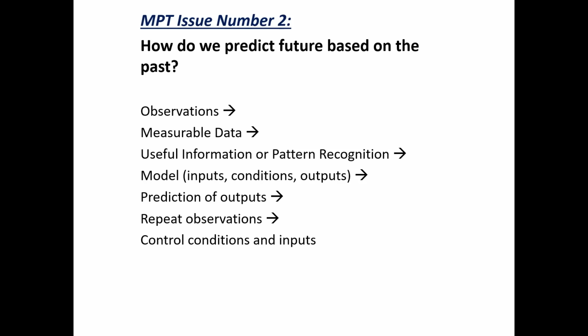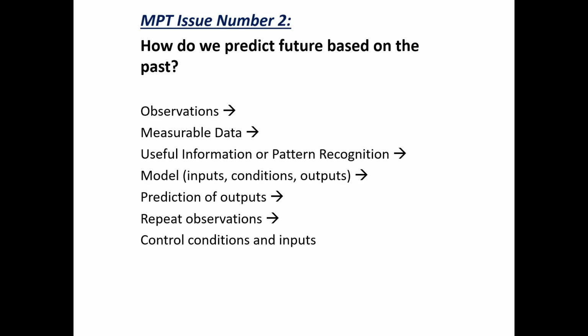Then you build models having inputs, outputs, and conditions. Then you predict output from the inputs and the conditions. Then you repeat your observation. Then you iterate, trying to calibrate your model parameters. When you are very good at it, you can actually control conditions and inputs to get the desired outcome.